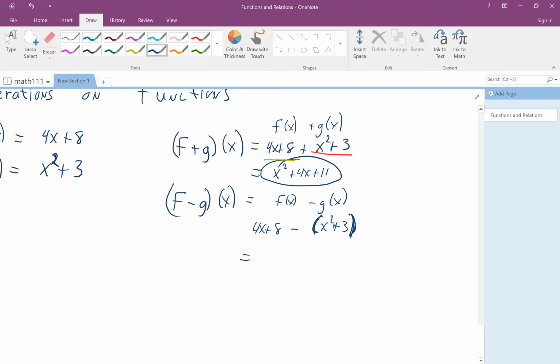All right? So I want to make sure I know I'm subtracting this whole complete function here and not just part of it, doing the whole thing. So 4x minus x squared, so I'm just going to get a negative x squared. I have nothing to do with the 4x, nothing's happening to it. I have a plus 8 minus a 3, should give me a 5. There's that one.